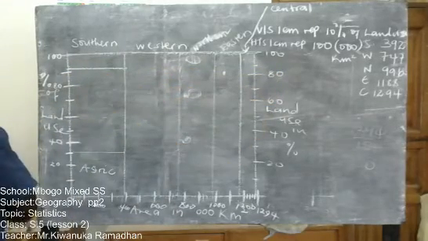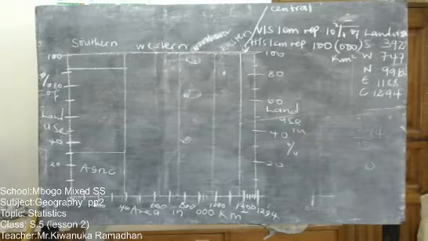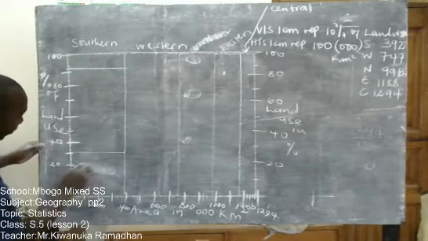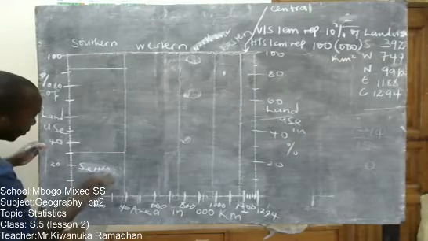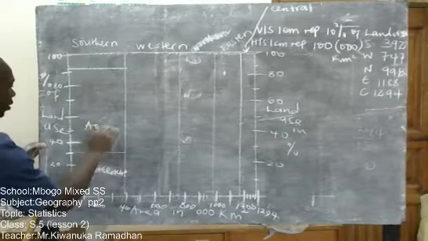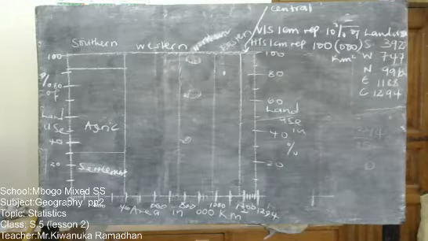What is that? The first one was settlement, second is agriculture. Then 93 plus 5, it becomes 98. And what have we added? Forestry.